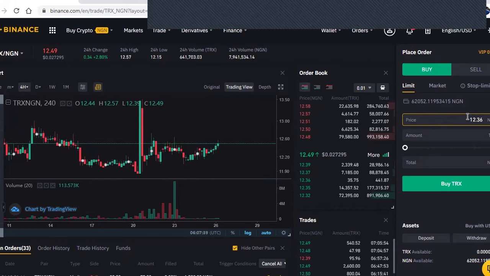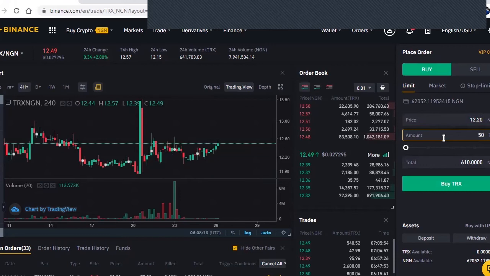You are willing to buy at 12 naira 20 kobo. How many do you want to buy? Let's say 50. Once you hit this, it will buy automatically. The market is not trading at 12.20 kobo, but that's the price that you want to buy.